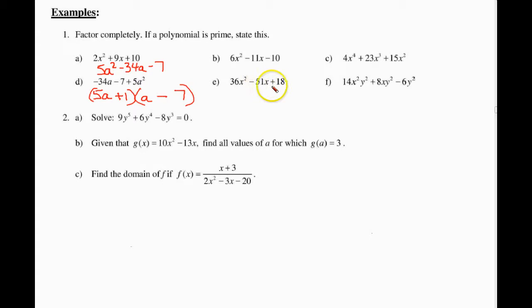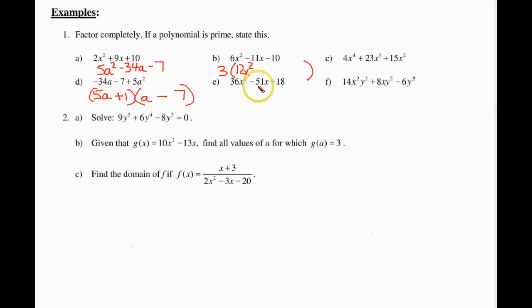Now, for this one, as we look at it, notice this is divisible by 3. This is divisible by 3. This is divisible by 3. So I'm going to factor out a 3. Now this gives me 12x squared.